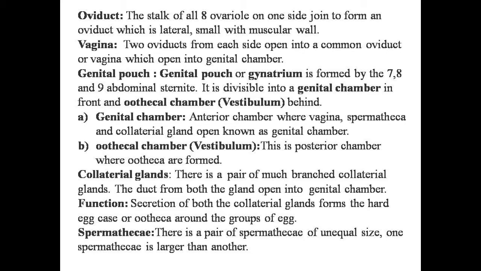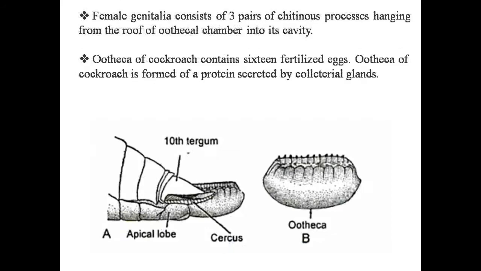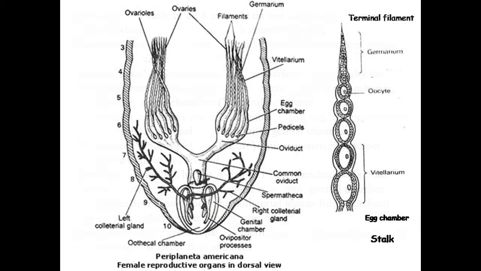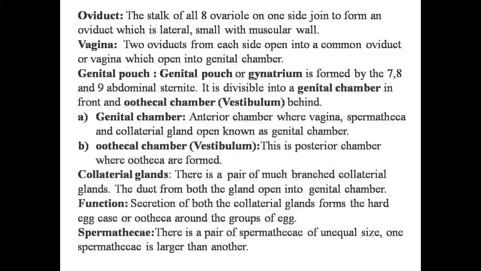The anterior part is the genital chamber and the posterior part is called the oothecal chamber. The anterior chamber where the vagina, spermatheca and collateral gland open is called the genital chamber. The oothecal chamber or vestibulum is the posterior part where the ootheca is formed.